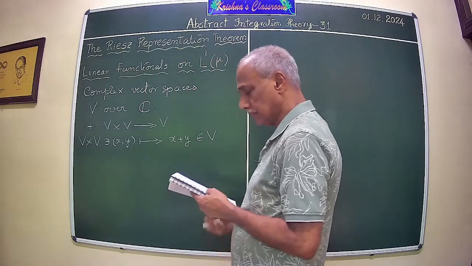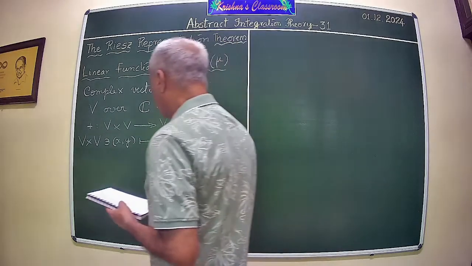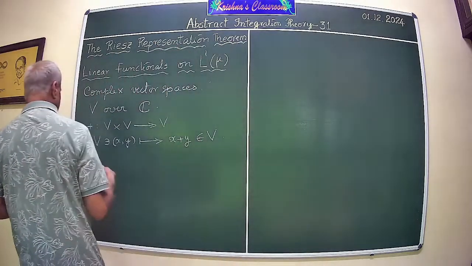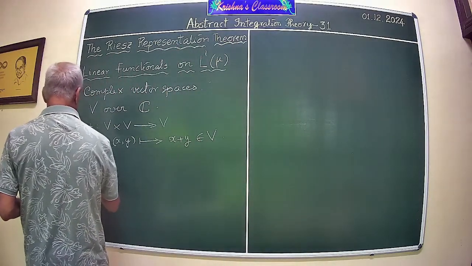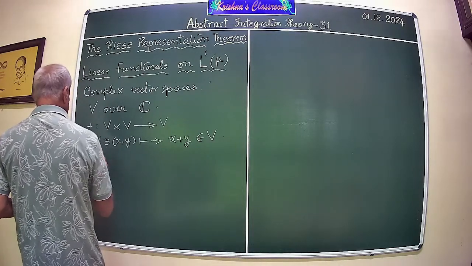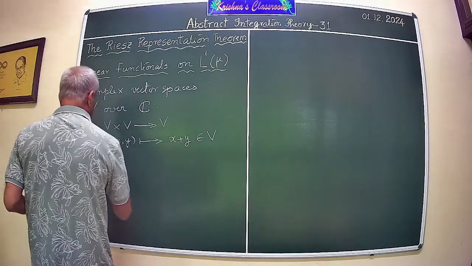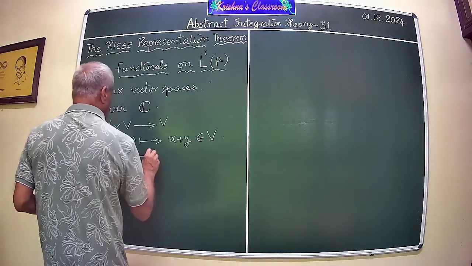What are the properties that we have? Before that, we also introduce the scalar multiplication structure, which we denote by dot. Later, we will skip using it frequently. So, this is a map from C cross V to V.